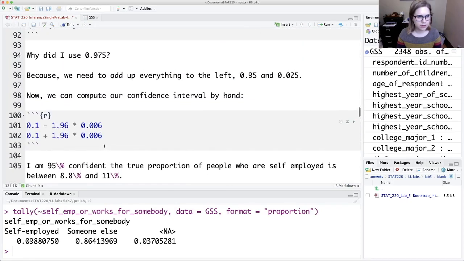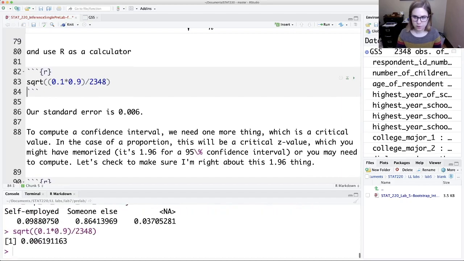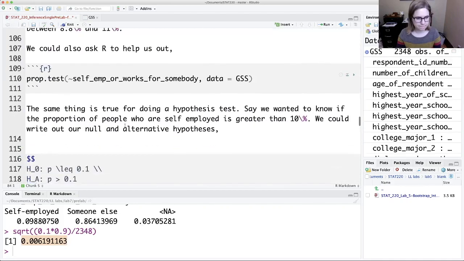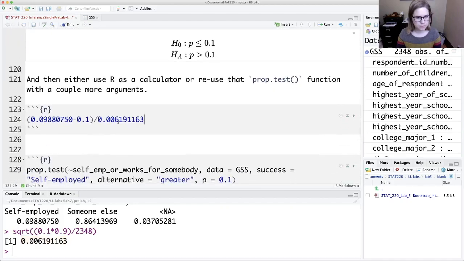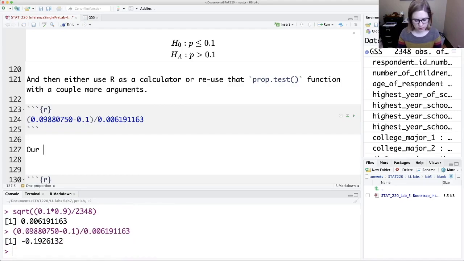Let's find that. That was up here. And I'll just copy the whole thing. So our test statistic is negative 0.19.